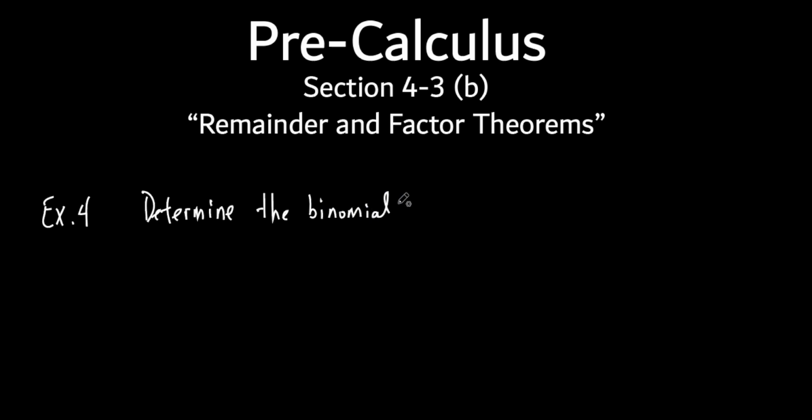Binomial. And so like we did yesterday, like that x minus 1 or x minus 2 or x plus 3, that's a binomial factor. That's what we're trying to find. Determine the binomial factors of this particular polynomial, I'm just going to write it down here, it's x cubed minus 7x plus 6. Okay?